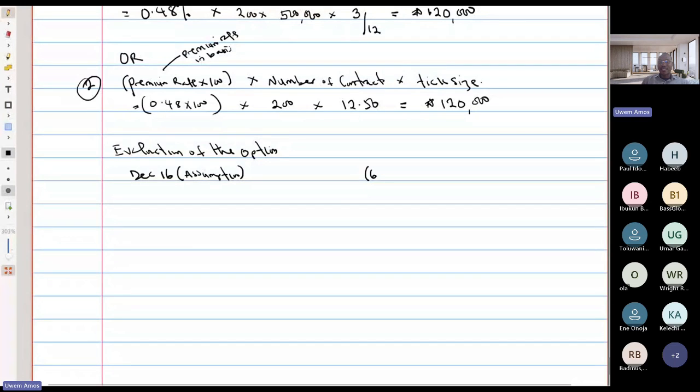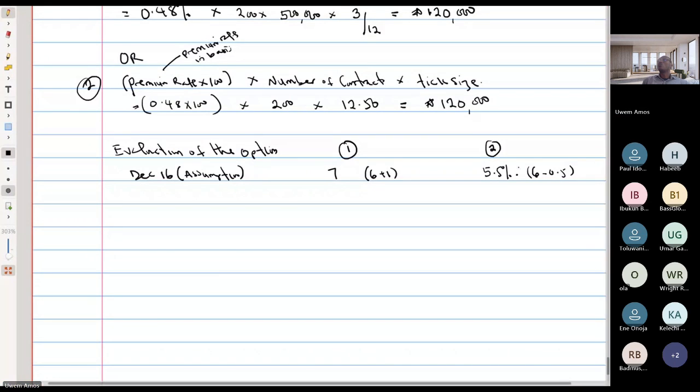So currently it is 6 plus 1 becomes 7. What will Mr. Bighart do? Alternatively, let's assume that instead LIBOR falls by 0.5%. So 6 minus 0.5, which is 5.5%. What will Mr. Bighart do?